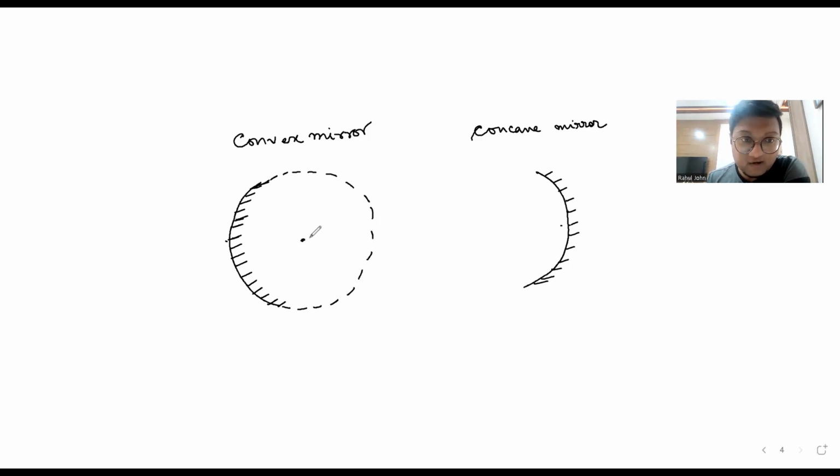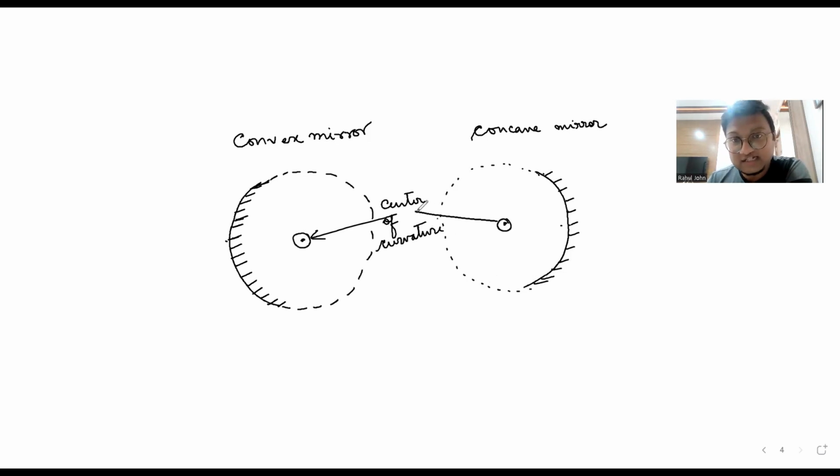This point or this center is known as the center of curvature. Similarly, the concave mirror will also be a part of an imaginary sphere, and this sphere will also have a particular center, which will be called the center of curvature.